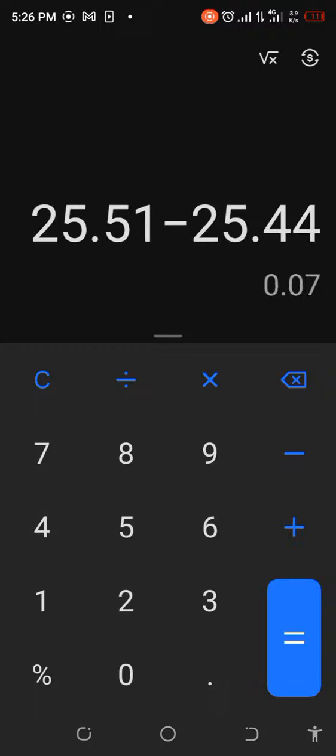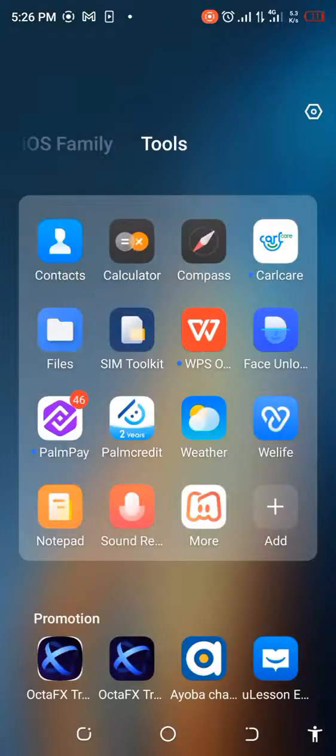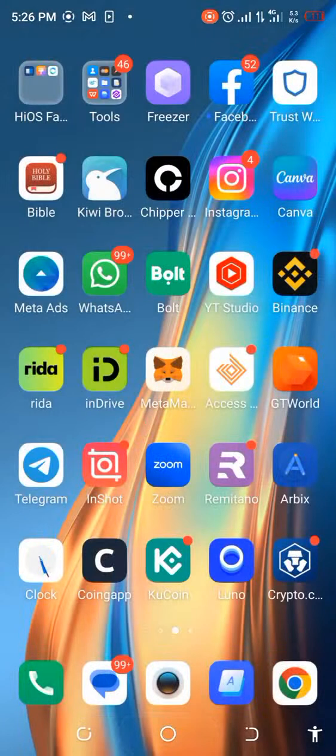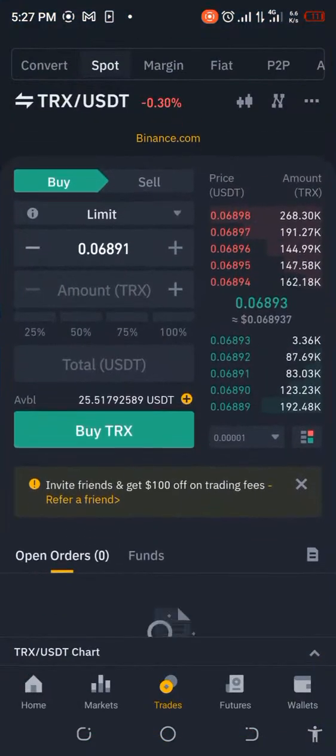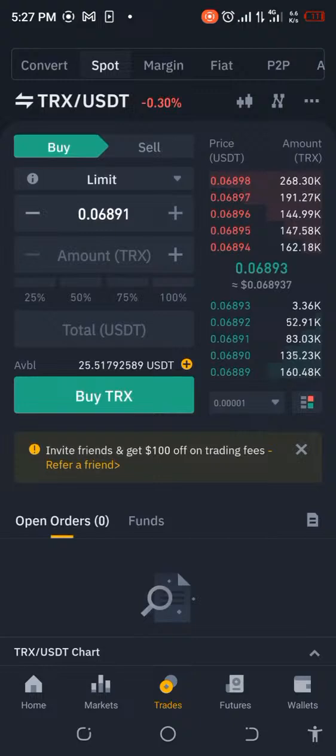Now, why is this amount a little bit on the small side? It's because I'm using a small capital and the transfer fees are the same, except for the trade fees. The transfer fees remain the same. So for instance, if I use $200, by the time I'm coming back, I will pay the same one TRX for $200 worth of TRX.